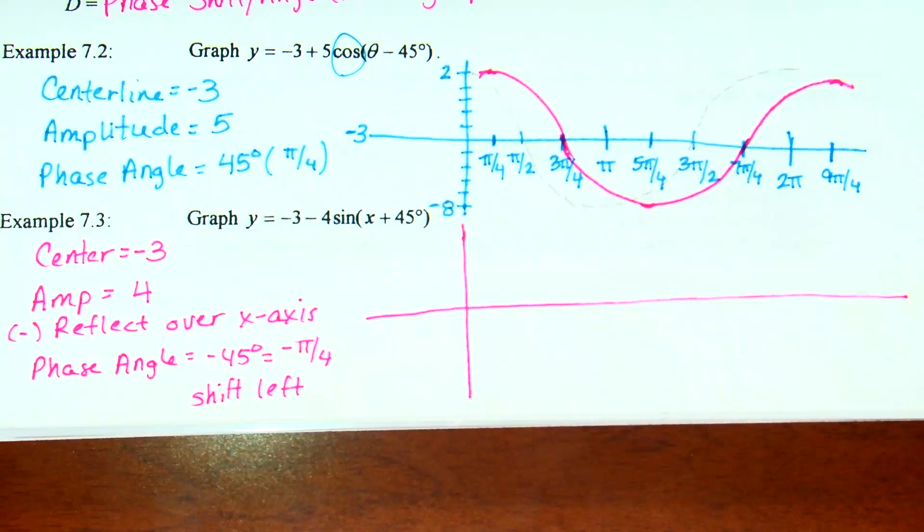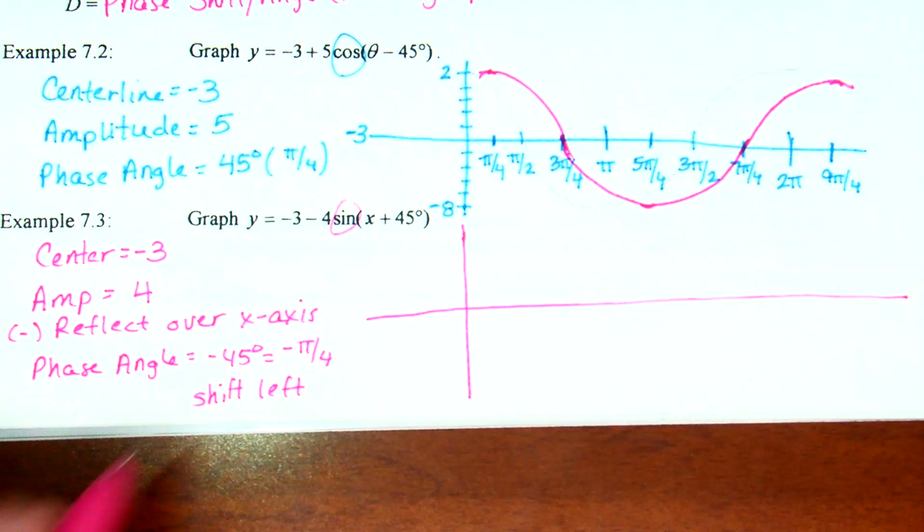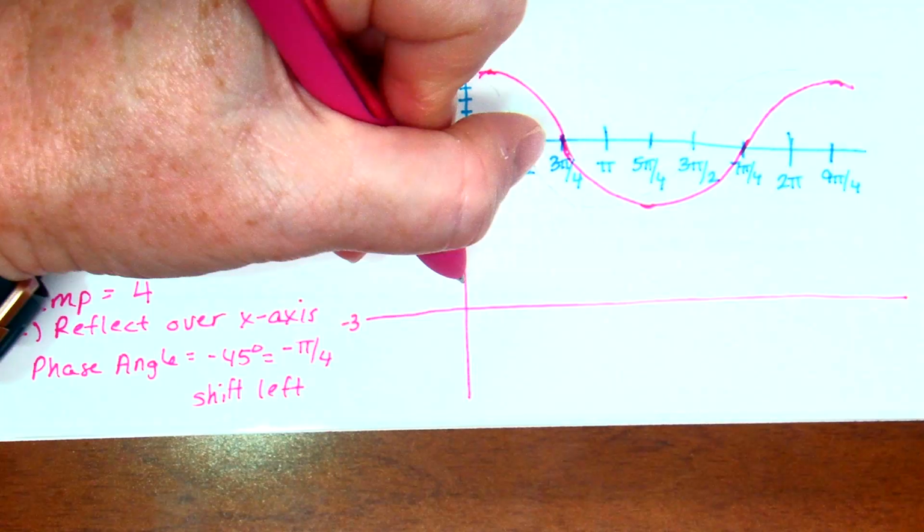Okay, I'm guessing you have the basics at this point. Do recall also that this is a sine graph. So let's see, center line of -3.